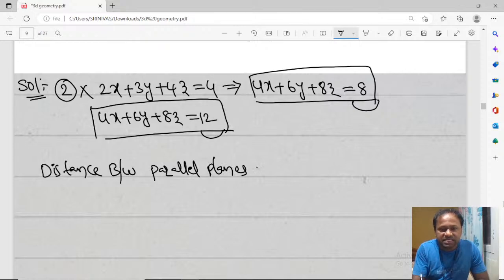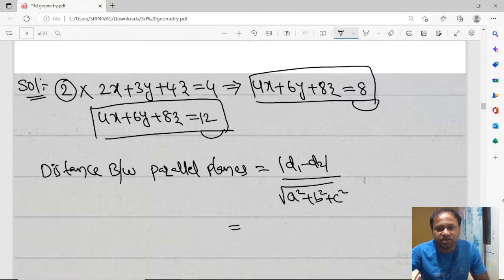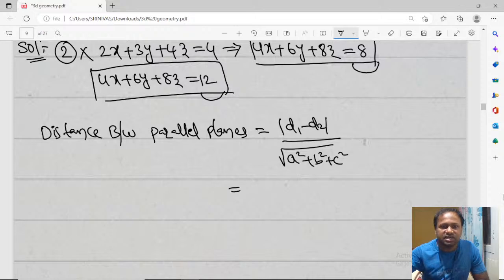Parallel planes is equal to mod d1 minus d2 by under root of a square plus b square plus c square. Here I will take d1 as 12, d2 as 8, divided by under root of a square.